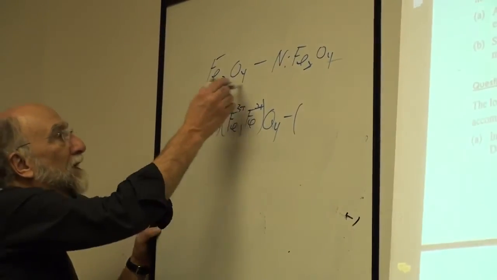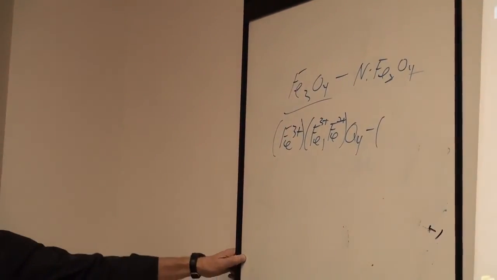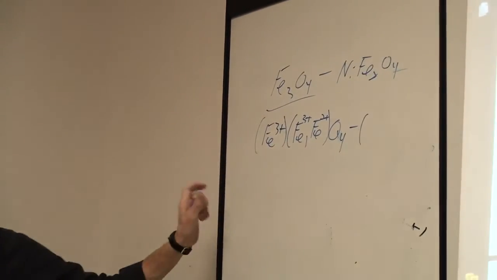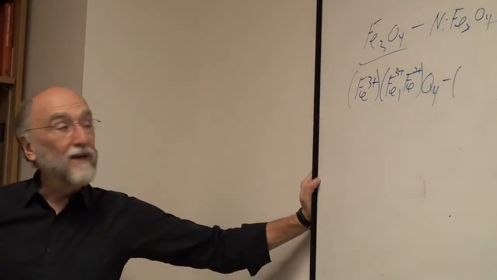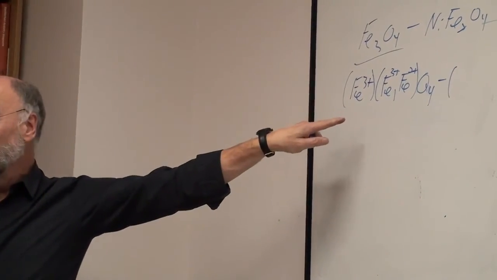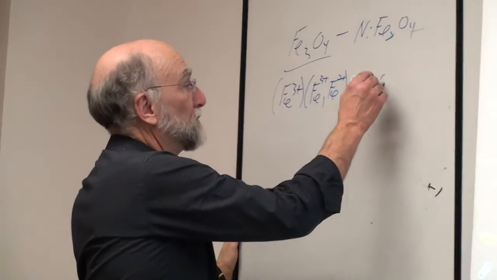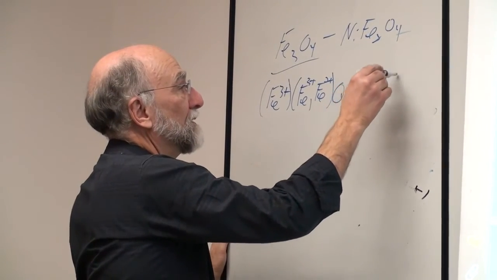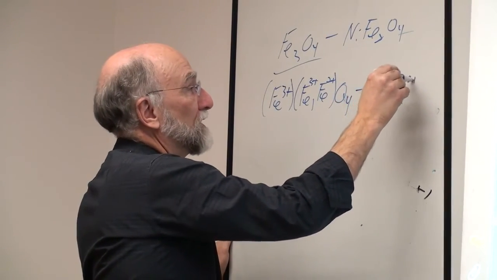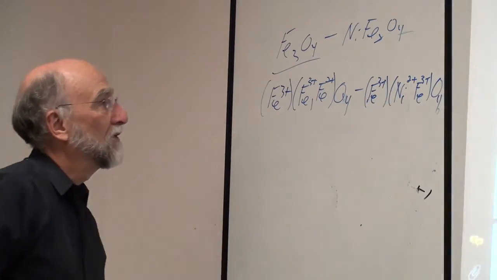Okay. So Fe3O4 is an inverse spinel. It's not quite exactly, it tends to be more mixed, but we'll assume it's a pure inverse spinel. And NiFe2O4 is also an inverse spinel, Fe3+, Ni2+, Fe3+ O4.